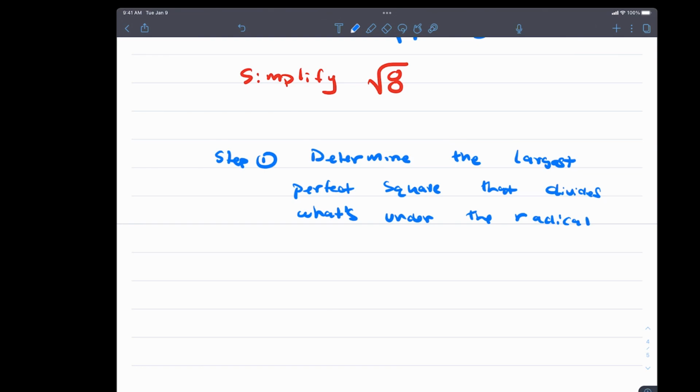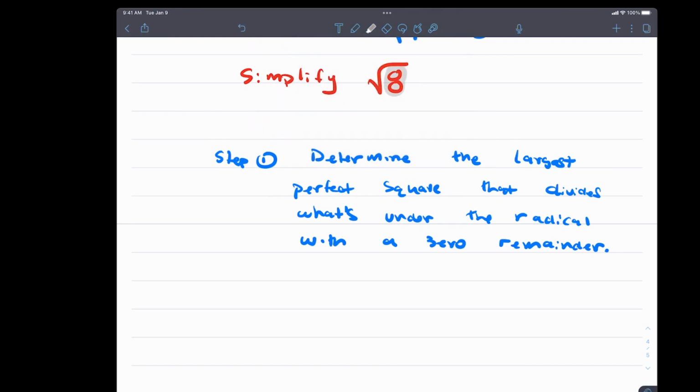It's called the radicand, by the way, but the number under the radical, with a 0 remainder.